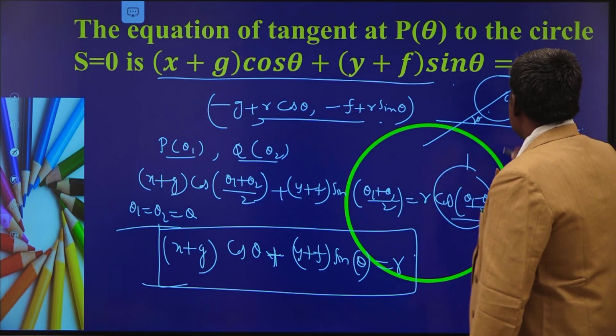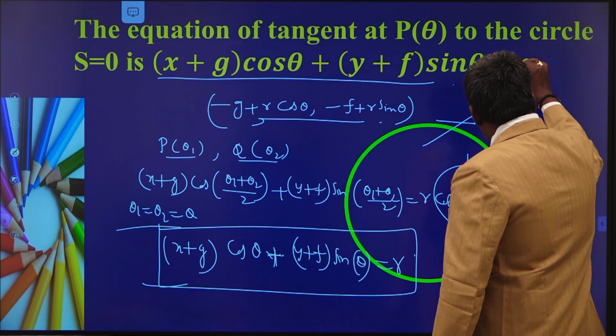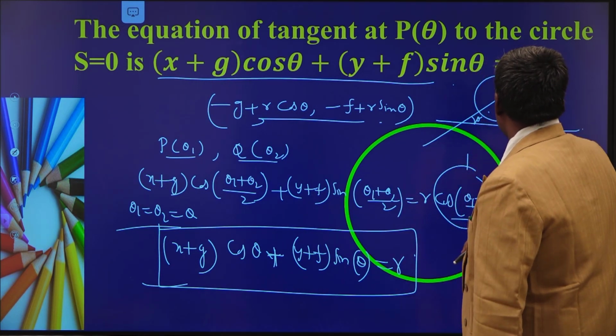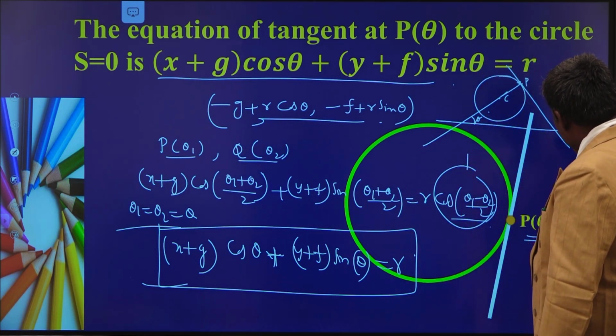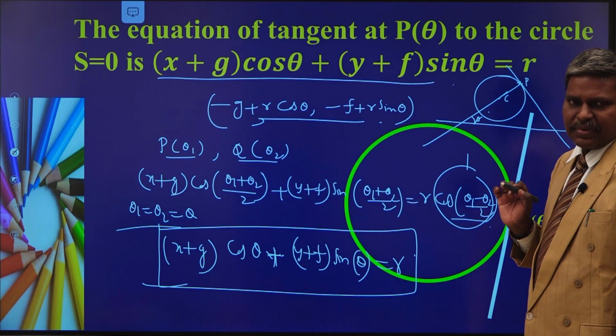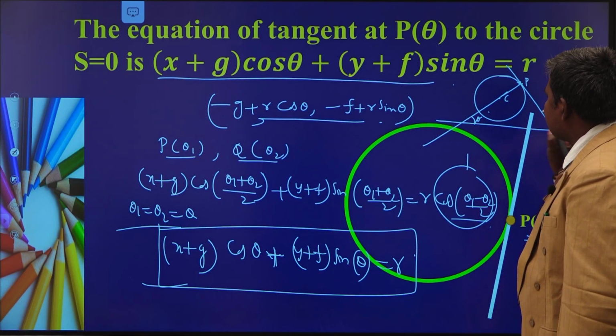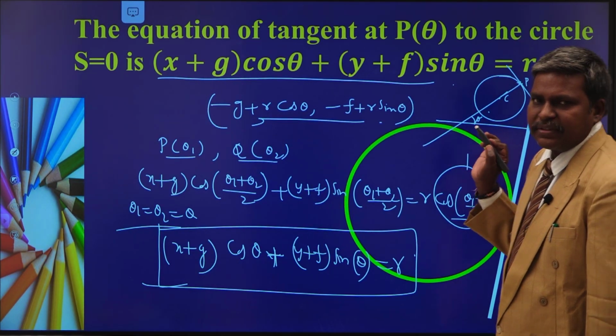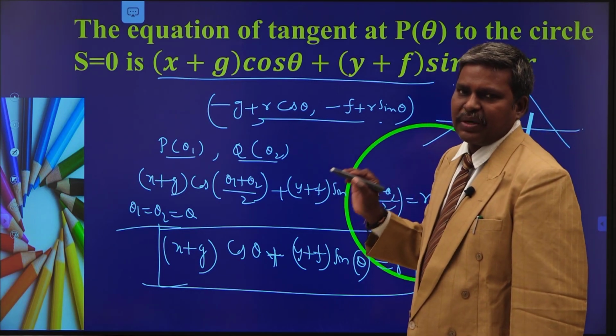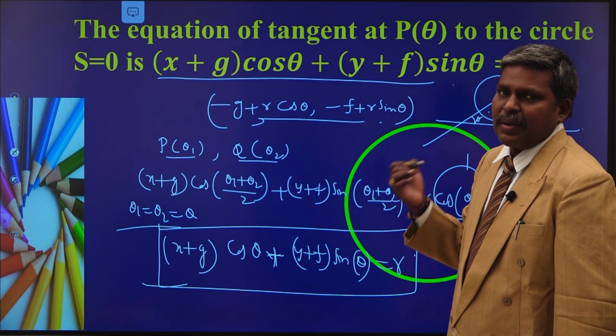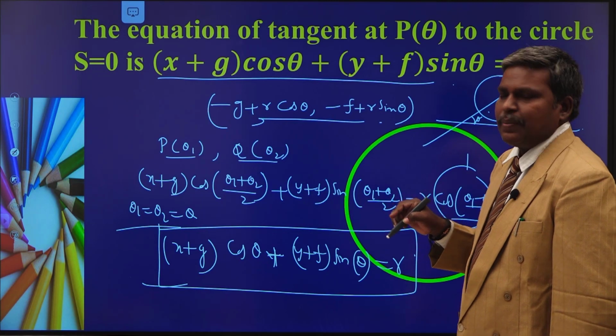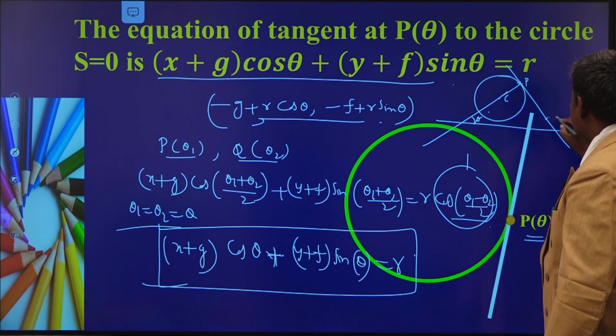So this is the line joining CP. But we are finding the equation of tangent at P of theta. Theta is not the inclination of tangent. Theta is the parametric point. P of theta is the parametric point. Theta is the corresponding parameter.